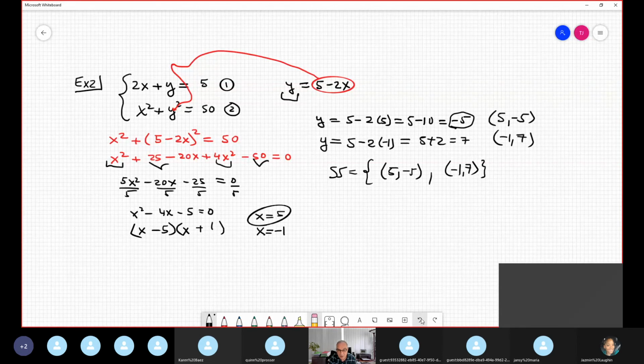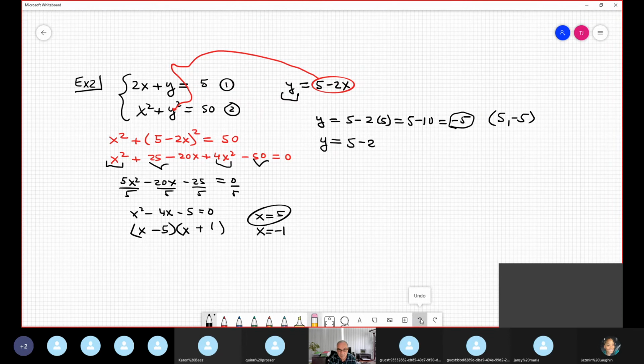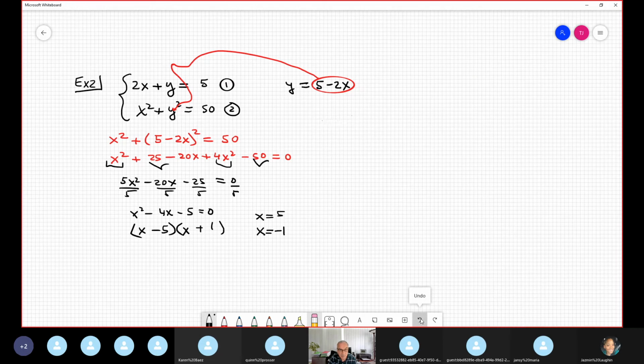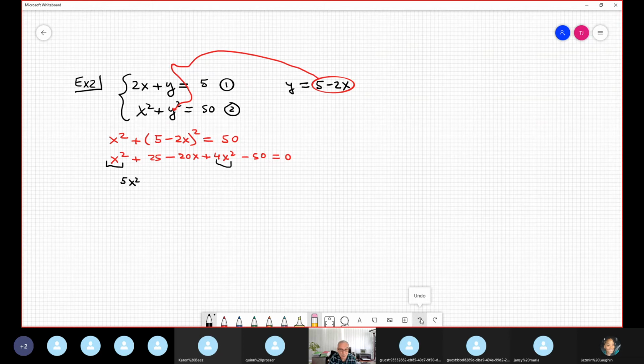Let's do it backward. I like that way. Suppose we had done before. Yeah, undo and redo.